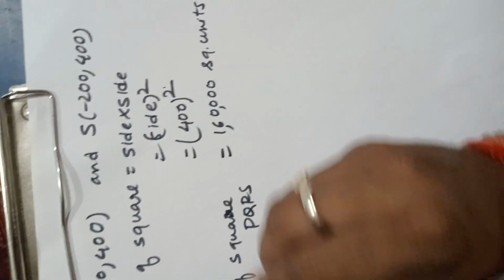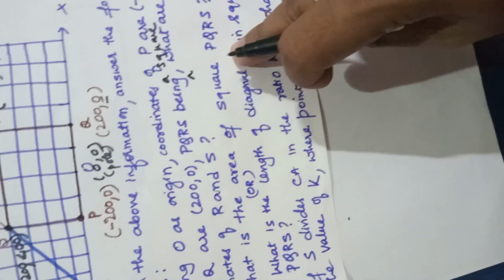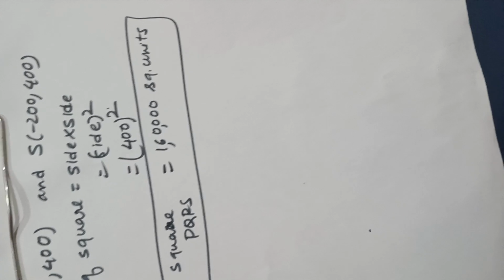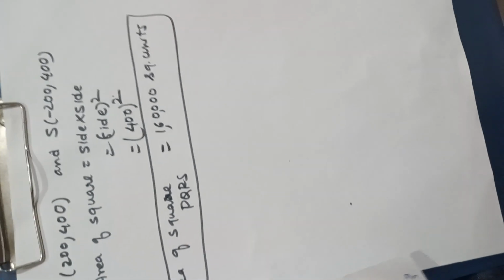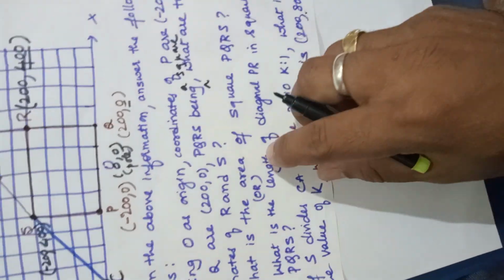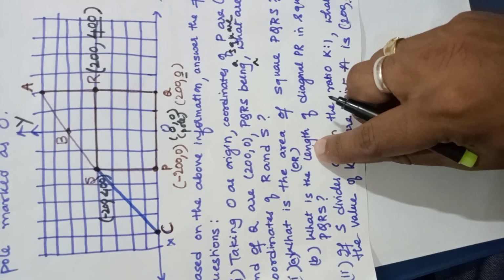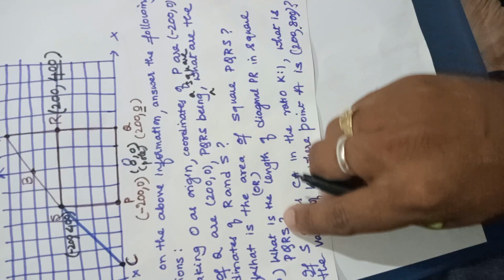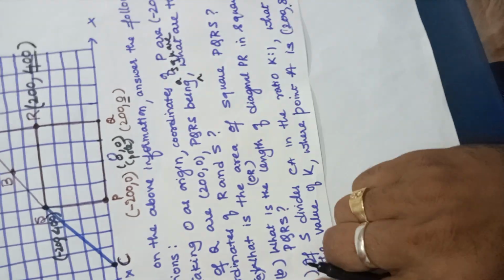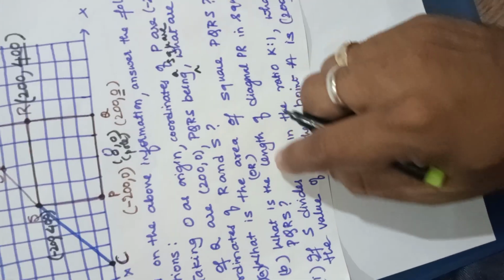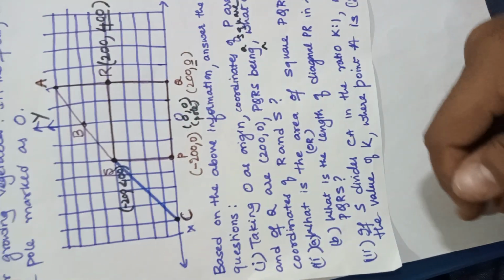So we have answered the second sub question, wherein we were supposed to find the area of the square PQRS, and we know it is equal to 1,60,000 square units. There is a choice question in the exam. You can answer either this or this. So we shall answer even this question, as we are practicing this question.